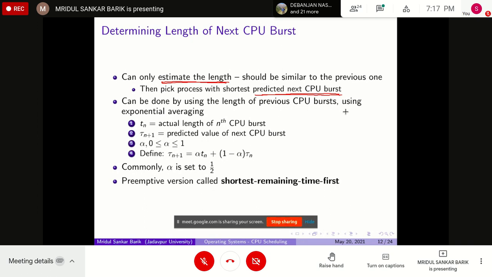So assume that a process starts, as I have already told, from time 0. Let's assume that this is time 0 and this is the time axis. It starts with a CPU burst, say this is CPU burst 1.